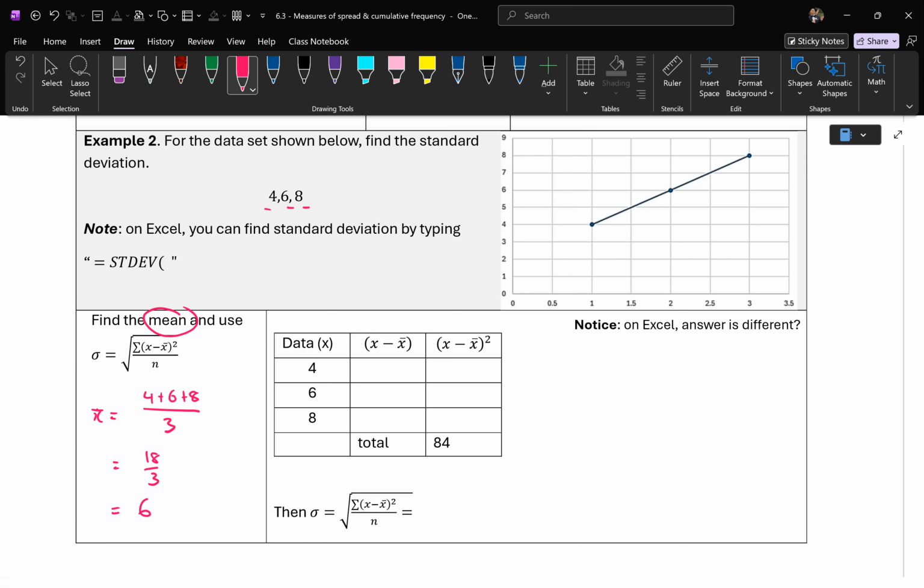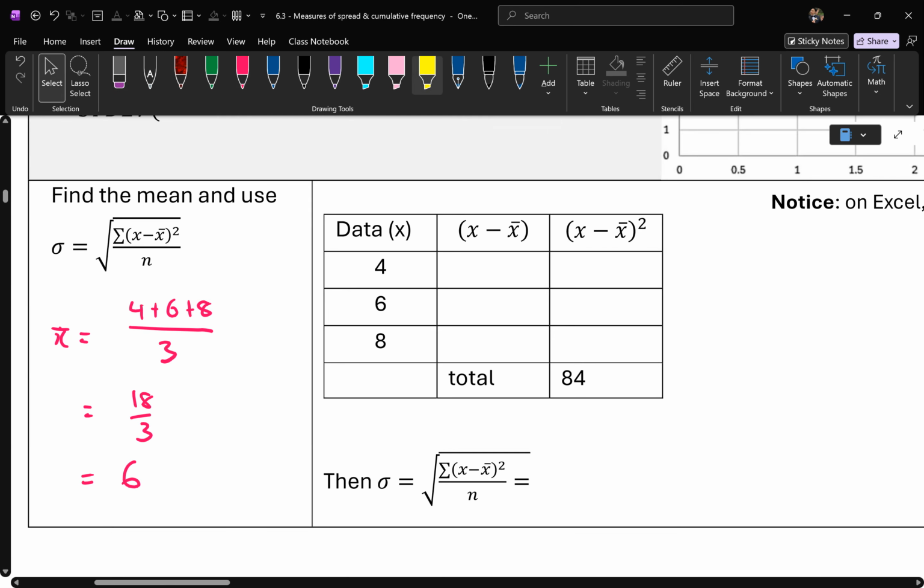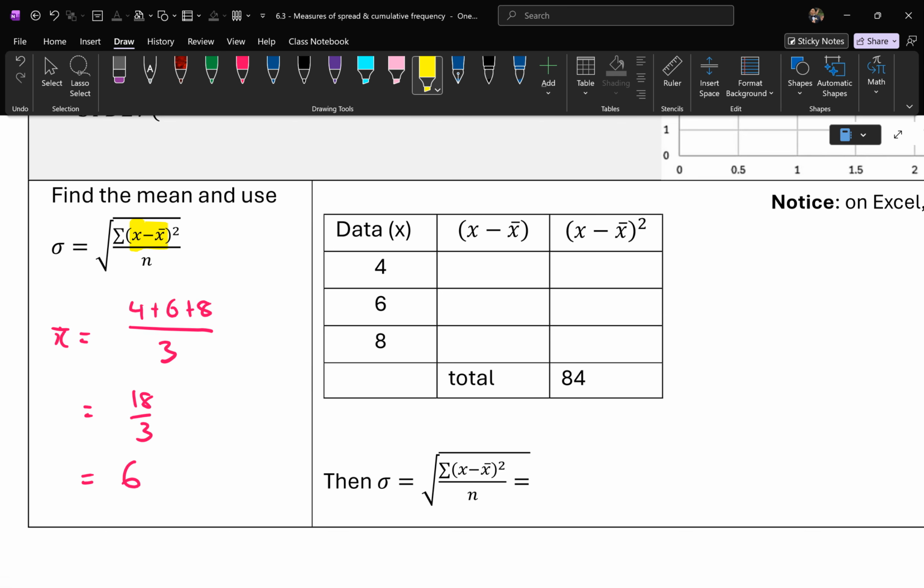Here we go. If we were to calculate standard deviation by hand, this is what it looks like. The formula says, take your data minus the prediction, which is the mean. Here's your data, 4. Your prediction is 6. 4, take away 6.